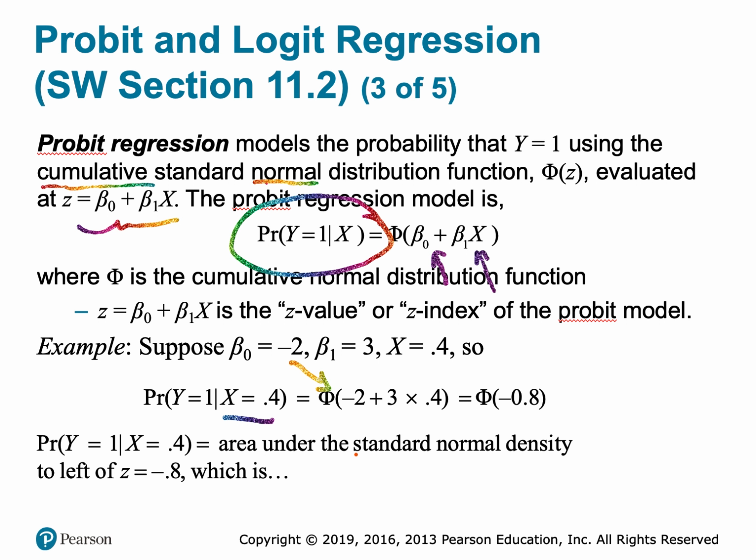So this is the area under the standard normal density curve to the left of z equal to negative 0.8. Let's look at this on a plot to see what we mean.